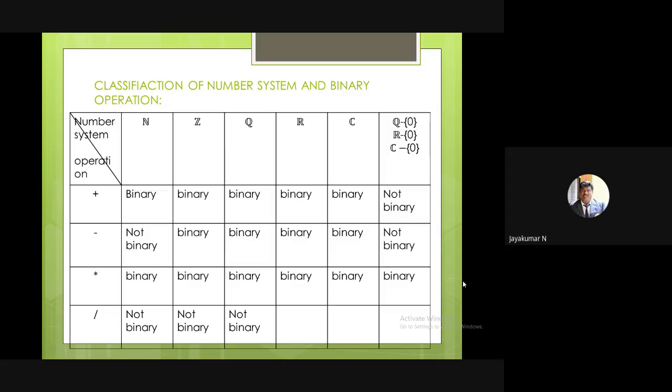Think about the number which does not belong to the corresponding set. Then only you can prove the corresponding operation is not binary. Okay. You may think that irrational does not belong to Q, then complex number does not belong to Q. But you have to think that infinity also does not belong to any number system. Okay?